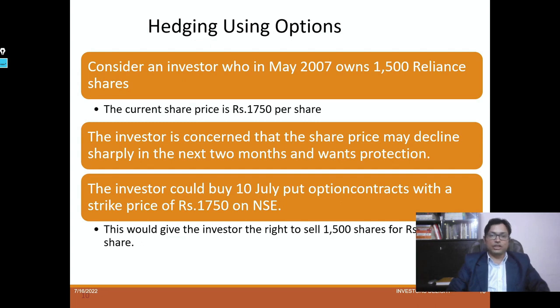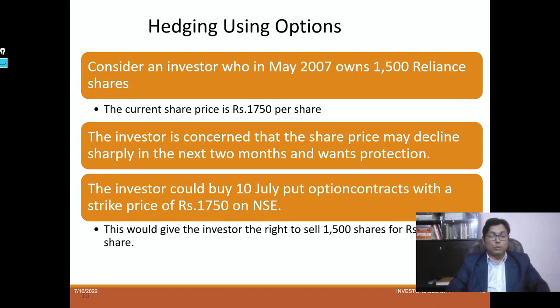Then we have hedging using options. Consider an investor who in May 2007 owns 1,500 Reliance shares. The current share price is rupees 1,700 per share. The investor is concerned that the share price may decline sharply in the next 2 months and wants protection.